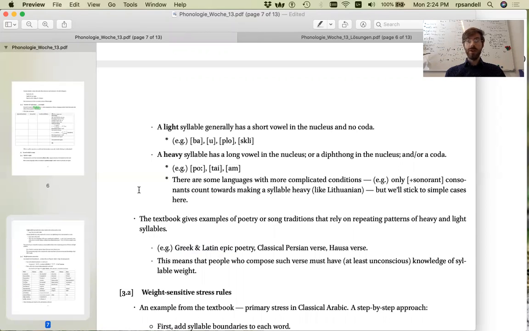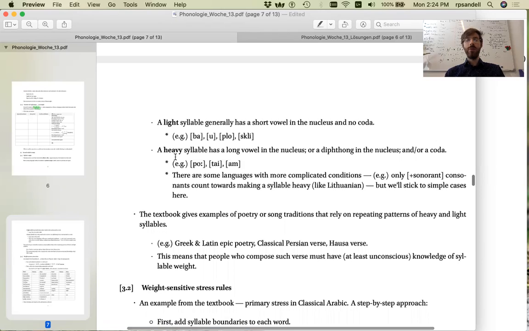A distinction between heavy and light syllables is needed in the construction of poetic lines. And the fact that these poetic meters distinguish between light and heavy syllables suggests that the people who are writing such poetry have at least some unconscious knowledge of syllable weight.